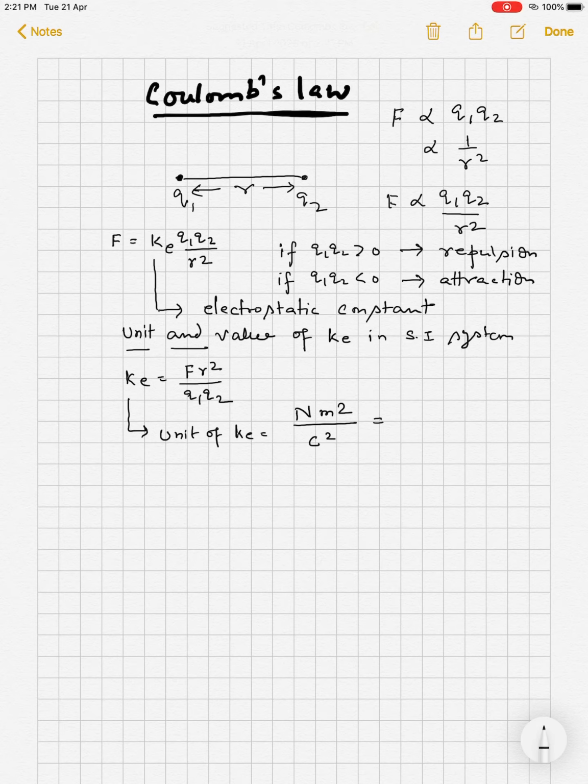So the unit is Newton meter square per Coulomb square. It is the unit of Ke in SI system, and the value of Ke is about 9 into 10 to the power 9 Newton meter square per Coulomb square.